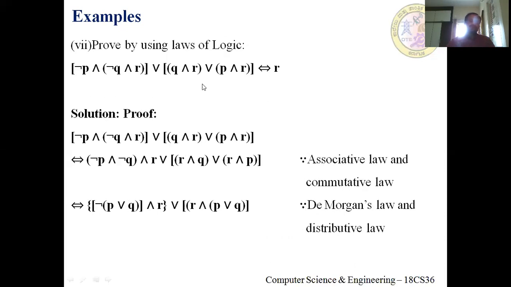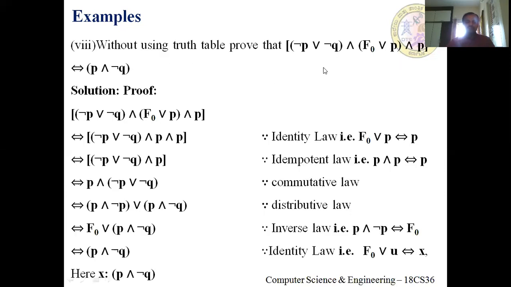In all these problems, I have taken the LHS, and finally, thereby applying the different laws of logic, I am able to prove that LHS is logically equivalent to RHS. These are some of the problems you can try by yourself, so that you'll get more idea about how to prove the different logical equivalences without constructing the truth table.